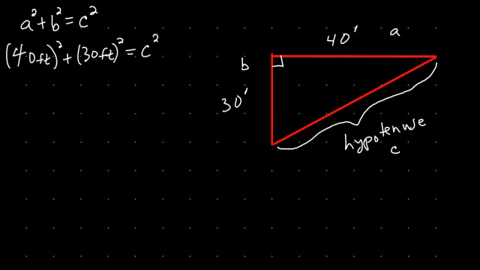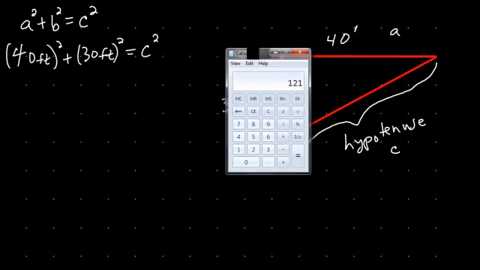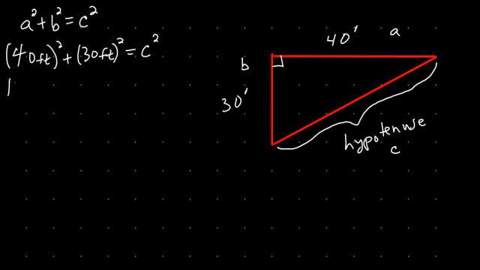So let's get our calculator out and start calculating. We know that 40 squared means 40 times 40, which equals 1600. When we squared it, we multiplied feet times feet, so that's square feet.